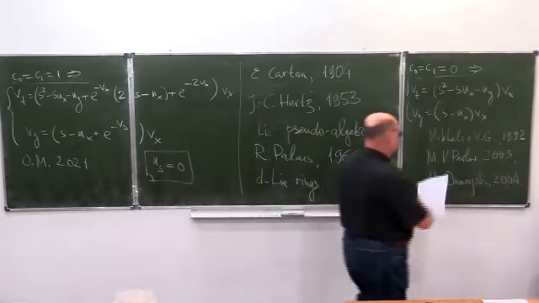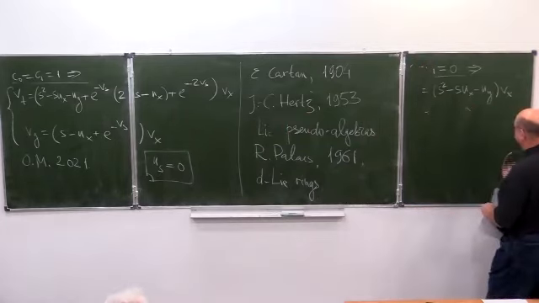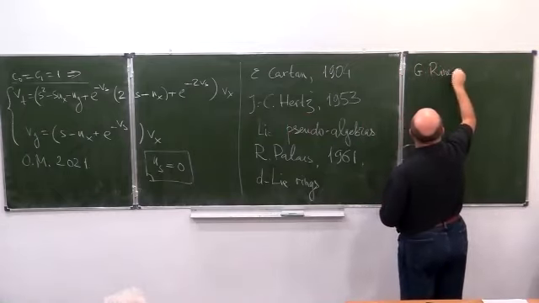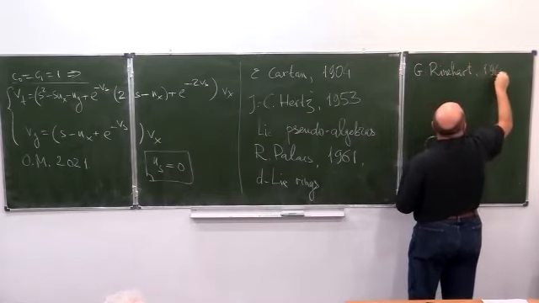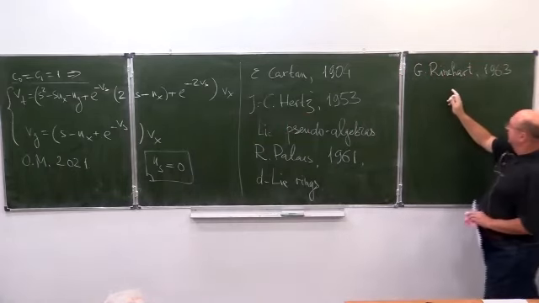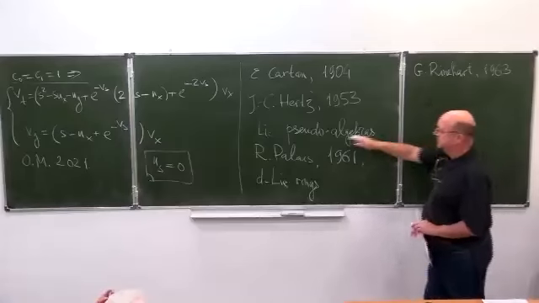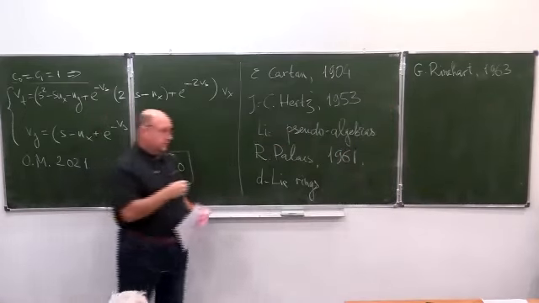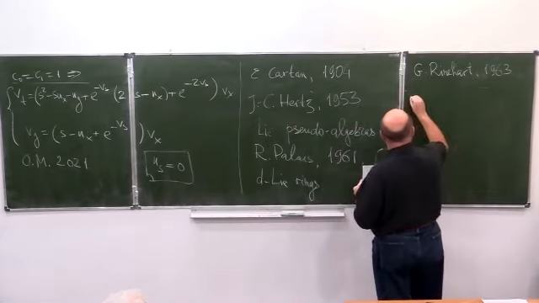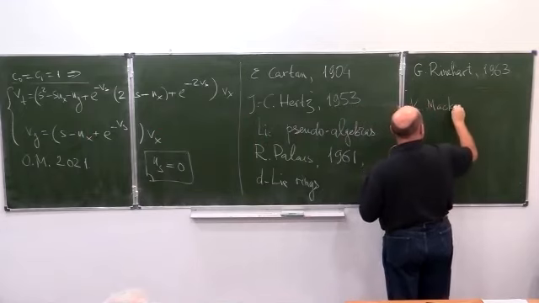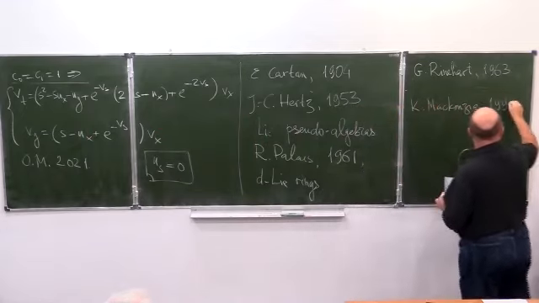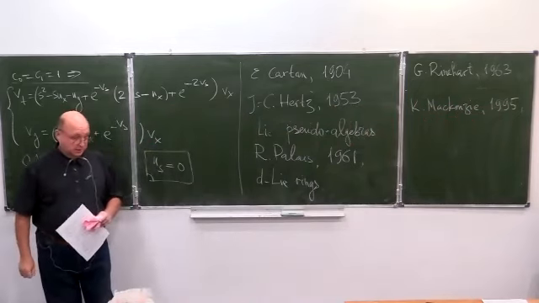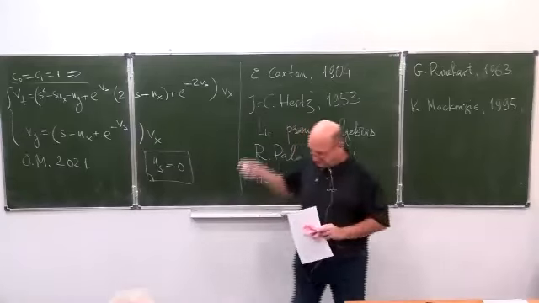Then they were studied by Rinehart. And actually, Rinehart emphasizes that his construction is the same as Lie pseudo-algebras, but nowadays they are called Lie-Rinehart algebras, while there is a survey by Mackenzie, and he notes that there are at least 16 different definitions, different names for this object.